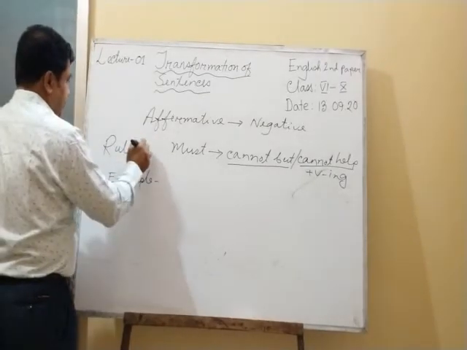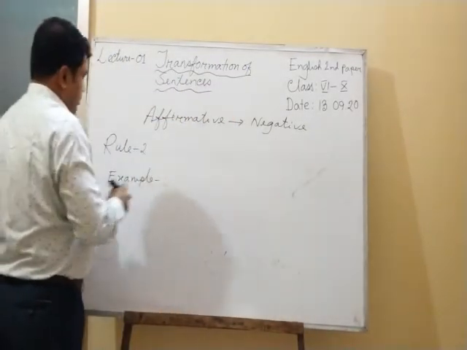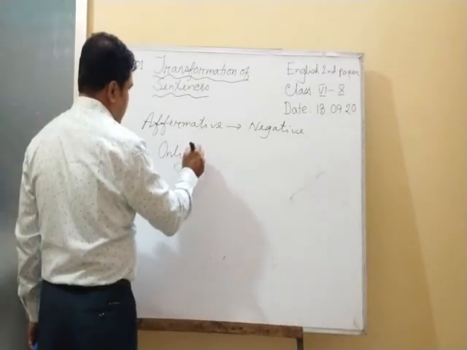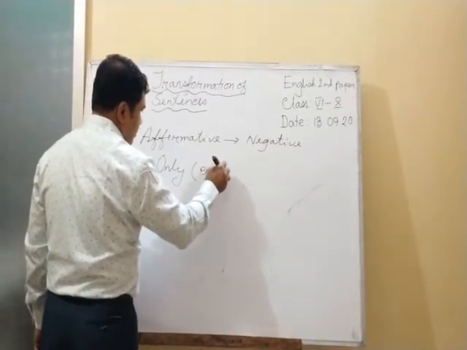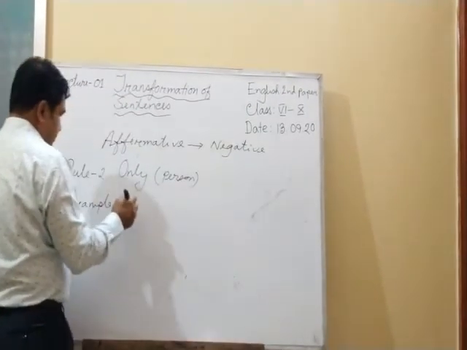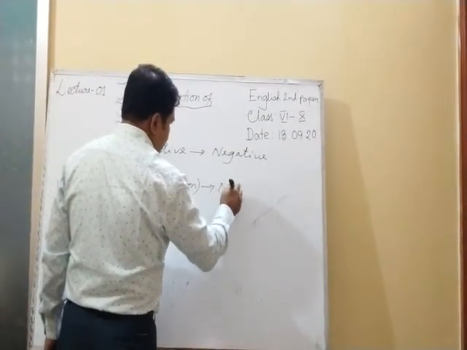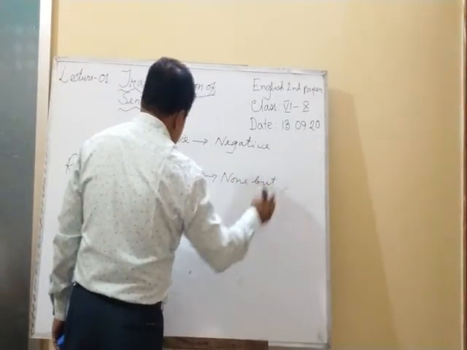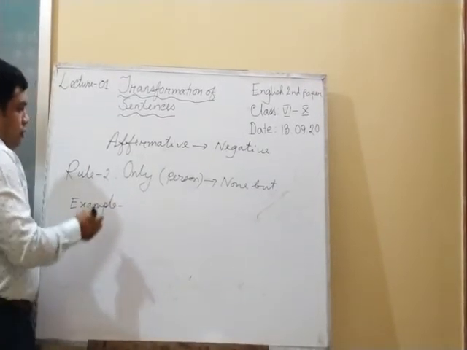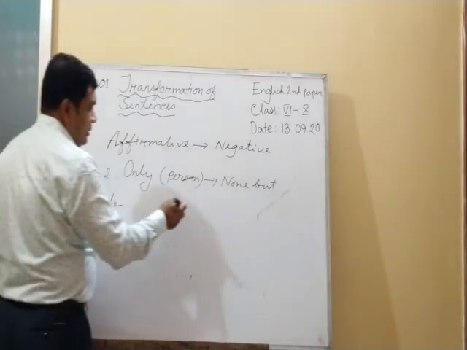Rule 2. Only plus person. None but. If we see only before a person, we will replace only by none but.